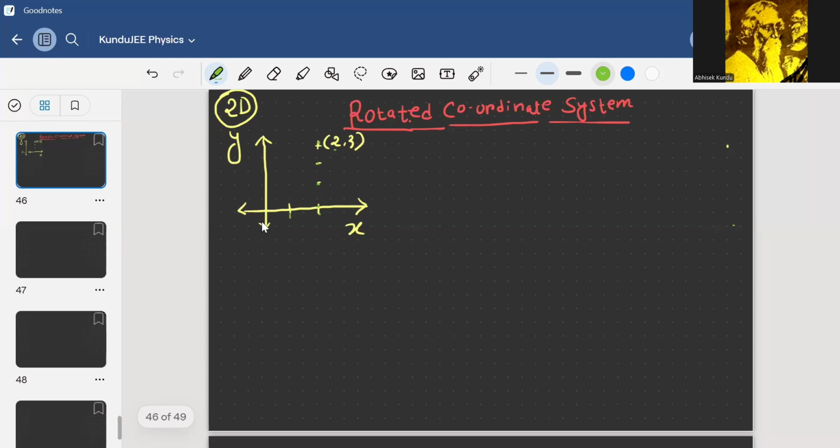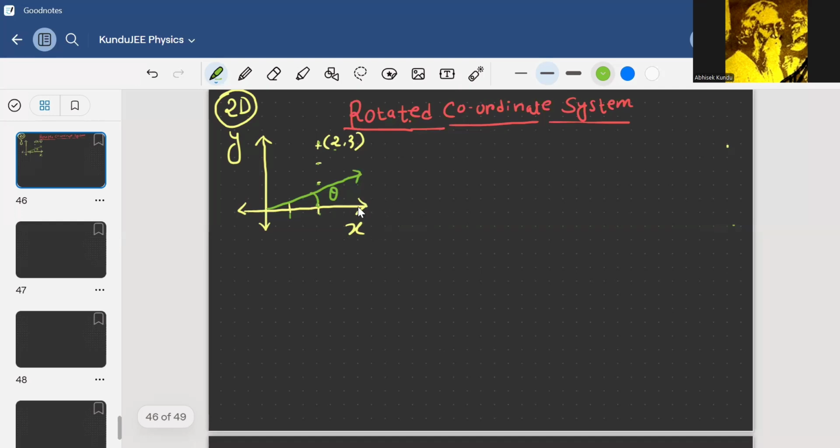Now, let's say I have rotated this coordinate system by some angle theta. So, if this entire coordinate system is rotated by some angle theta, then this x-axis will no longer be lying horizontal.